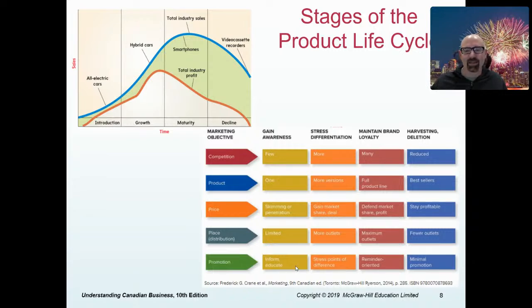As we get more competition, we are looking at stressing our differentiation. Across the price, we may be looking at a new pricing strategy to gain market share, to give deals, etc. We have more places to offer them for sale.